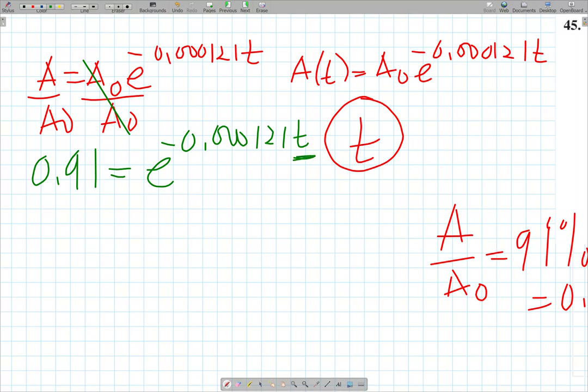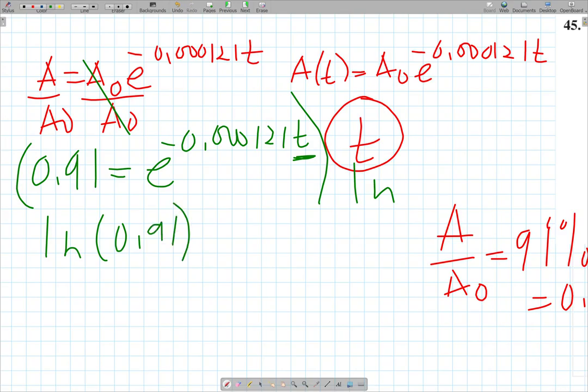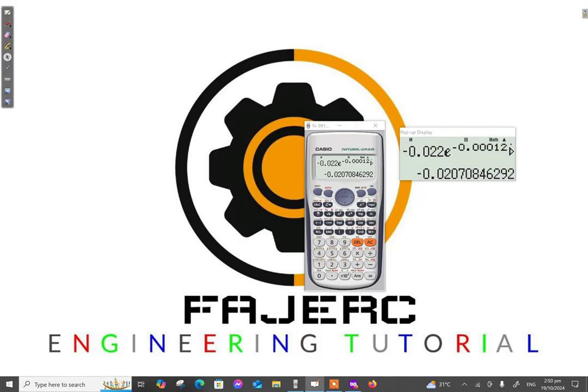Paano yan? Okay, so multiply both sides by ln, no? Para ma-eliminate natin ang E. So that is ln 0.91 equals ln E negative 0.0000121 T. Okay, so ano ang ln 0.91? Using the calculator, ln 0.91 equals negative 0.094.